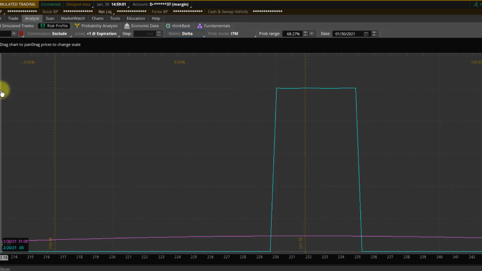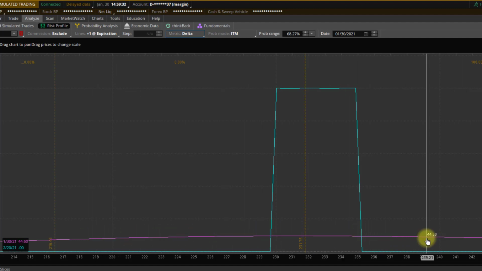We would have 500 deltas if the stock is between 230 and 235 at expiration. But if the stock is below 230, we instantly fall off to 0. And if it is above 235, we are again down to 0. So as always, that's fairly easy at expiration, but what about today? Well, look at the purple graph, fairly flat.